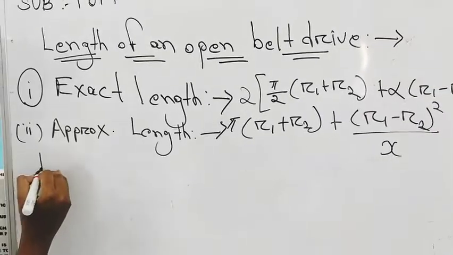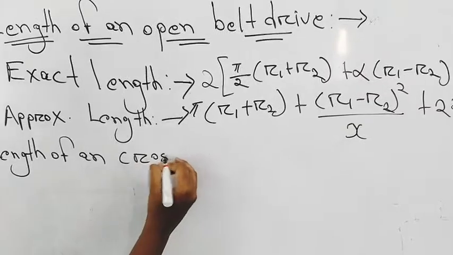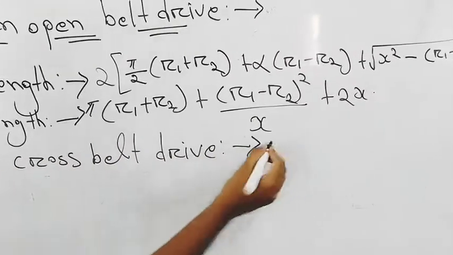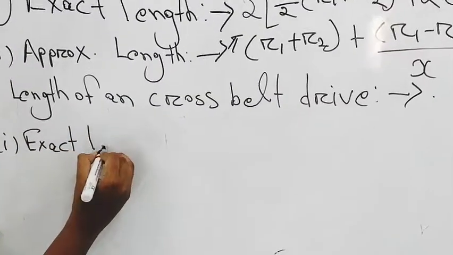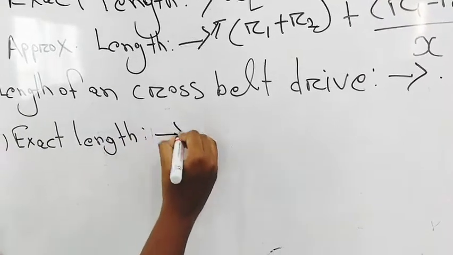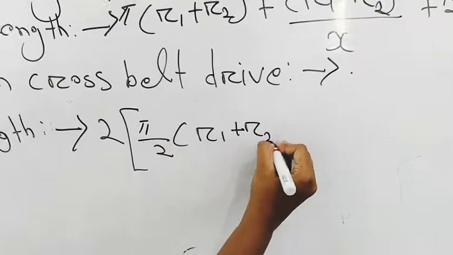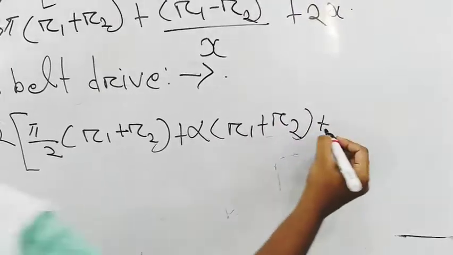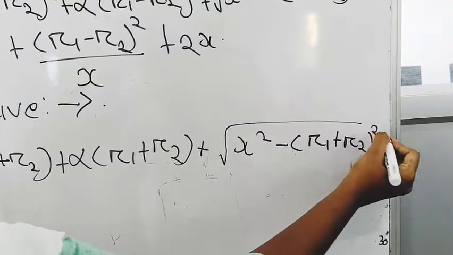Then next is the length of a cross belt drive. It is the same here. For exact length, L is equal to 2 into [pi by 2 (r1 plus r2) plus alpha (r1 plus r2) plus root of x square minus (r1 plus r2) the whole square].